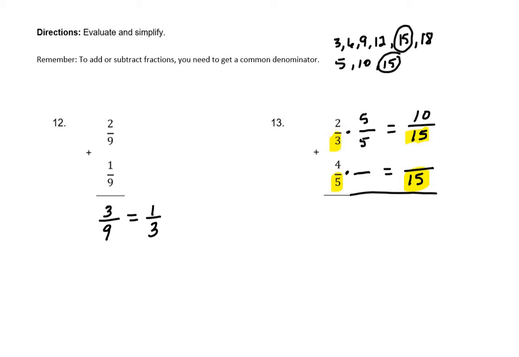Well, I need to multiply by 3. Because 5 times 3 is 15, you need to multiply numerator and denominator by 3. So now when I add these two fractions, I get 22/15. And that's a perfectly fine answer. We do not need to change it to a mixed number. We can just leave it improper.